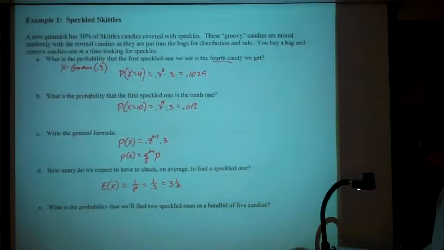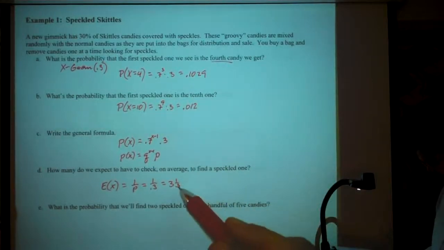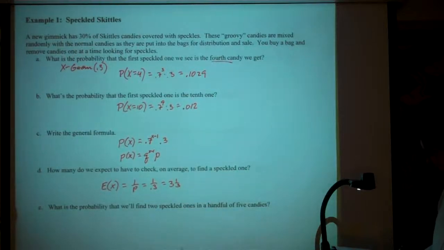Actually, not about 3 1/3, exactly 3 1/3. So we would imagine that if we go through this process over and over and over, on average, we would have to check 3.5 Skittles in order to find one.